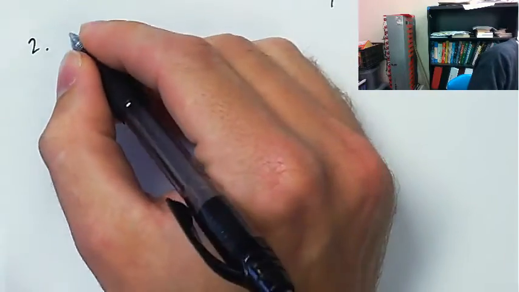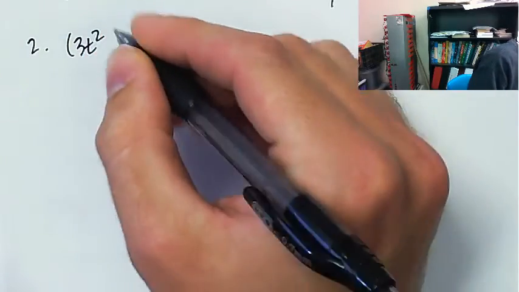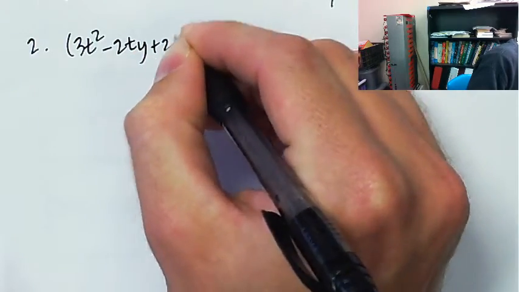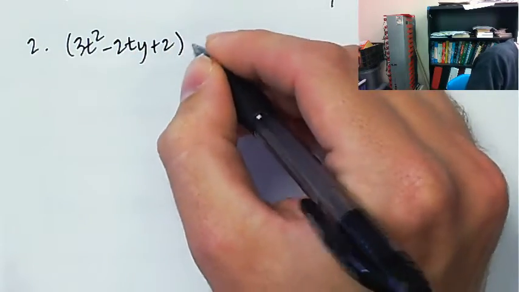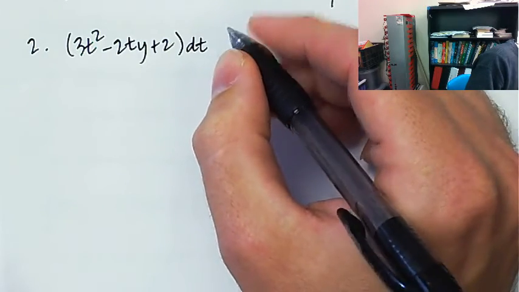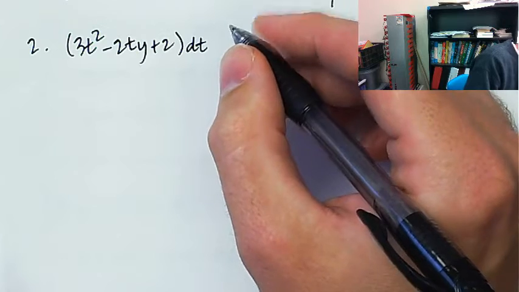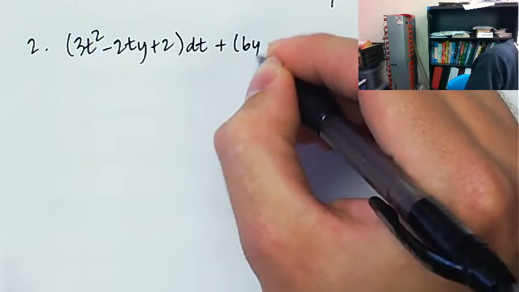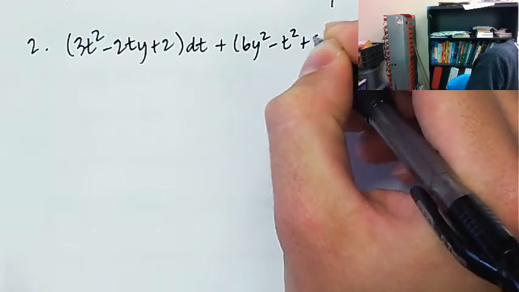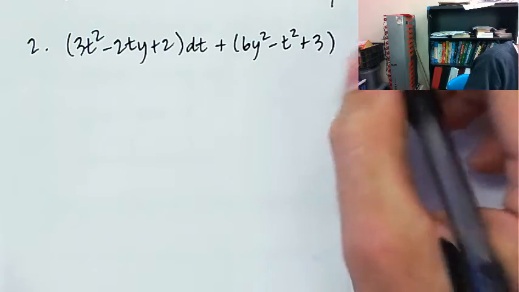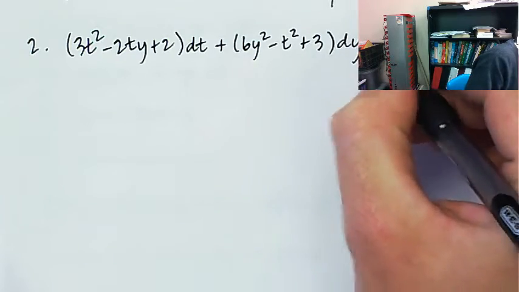Second one: (3t squared minus 2ty plus 2) dt plus (6y squared minus t squared plus 3) dy, that's equal to 0.